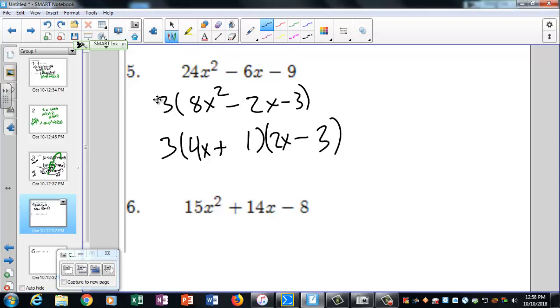We had a whole discussion last time about that. In this case, we don't have a common factor issue to deal with, so all we have to do now is just check. 1 times 2x is 2x. 4x times negative 3 is negative 12x. And this is negative 10x.